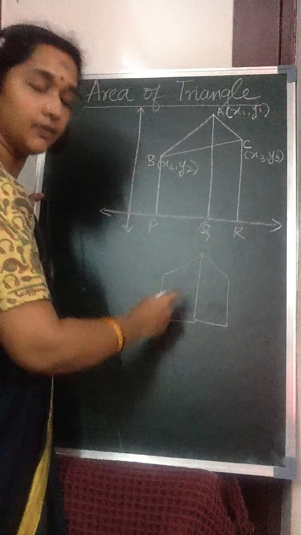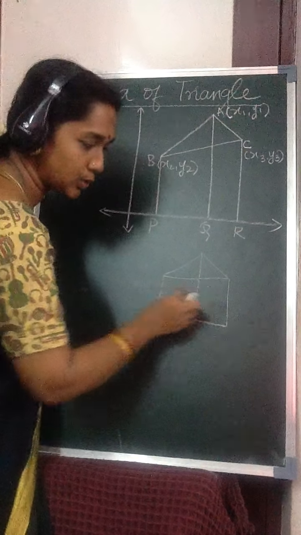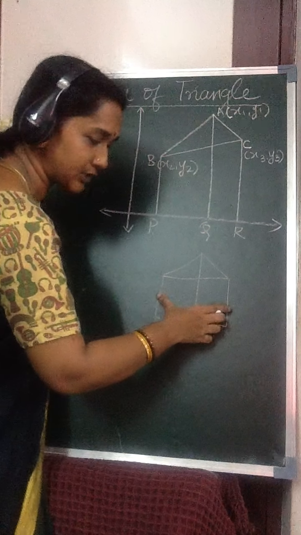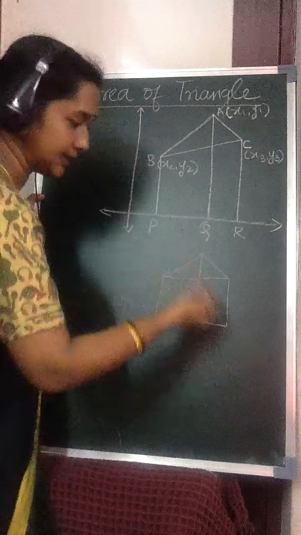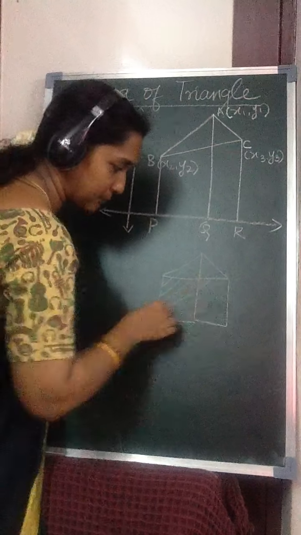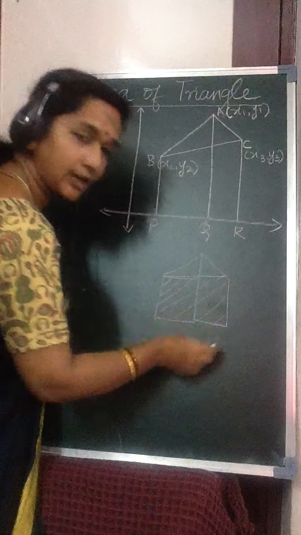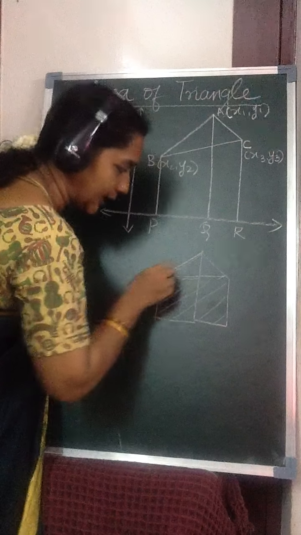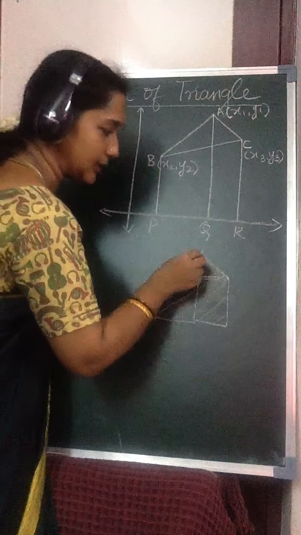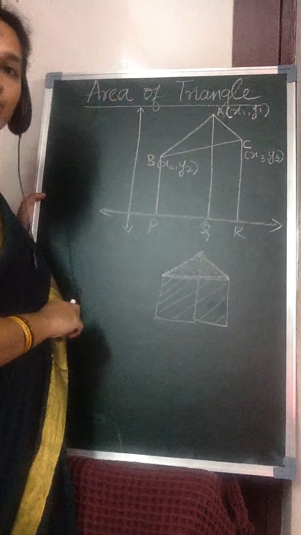So these two trapeziums, you add. Then you subtract this part of the trapezium. This one also you will get as another trapezium. So when you subtract this, you will get the area of this triangle. This only we need. So that only we are going to do now.